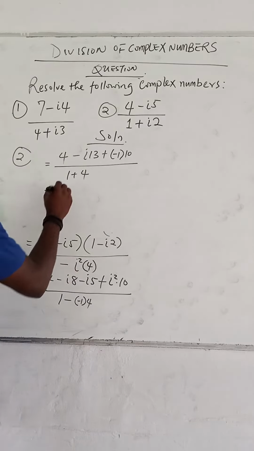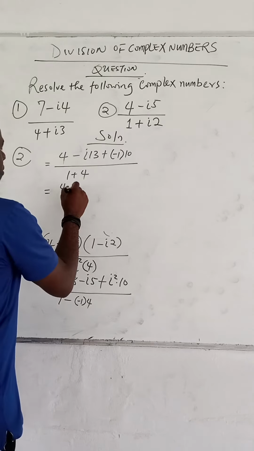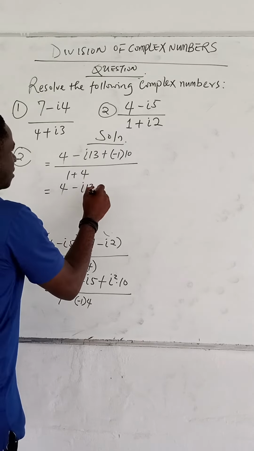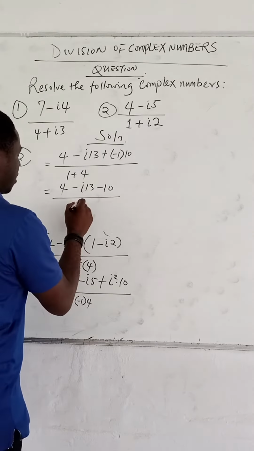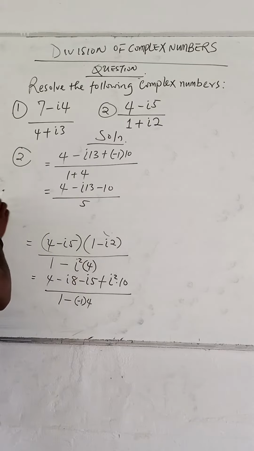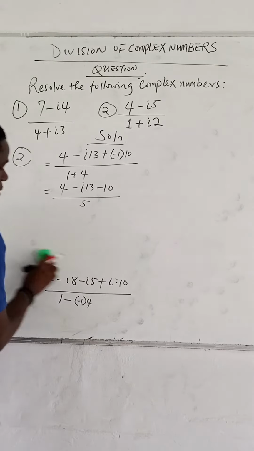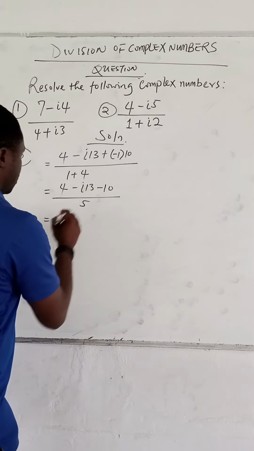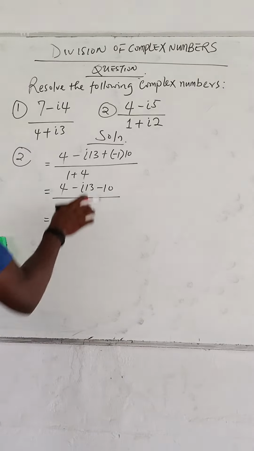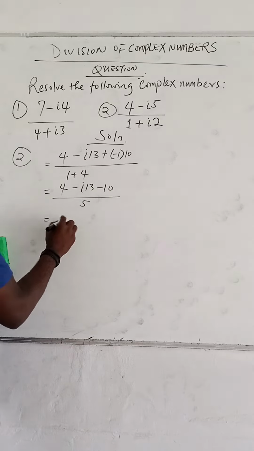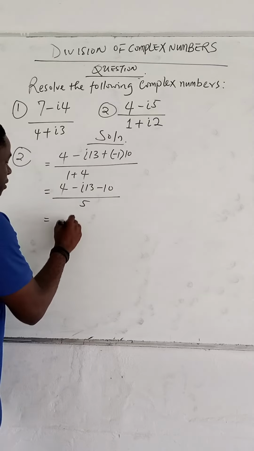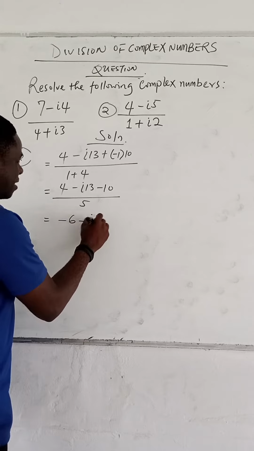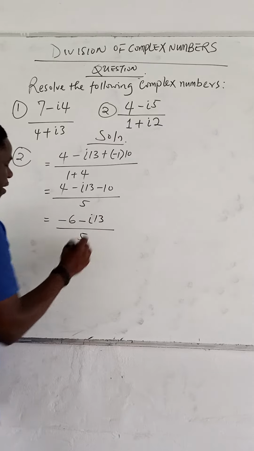This becomes 4 minus I13 minus 10 all over 5. You work on the like terms in the numerator and we have minus 6 minus I13 all over 5.